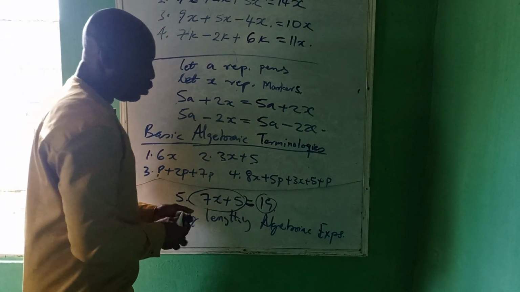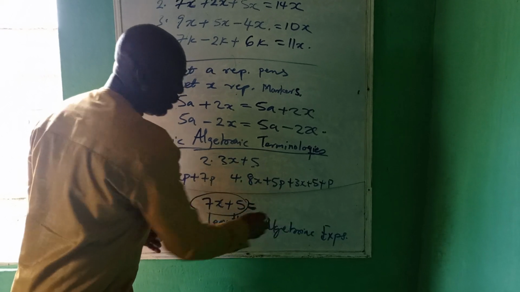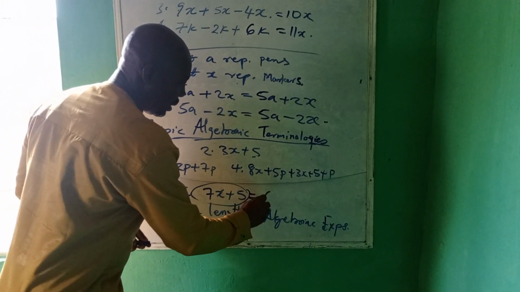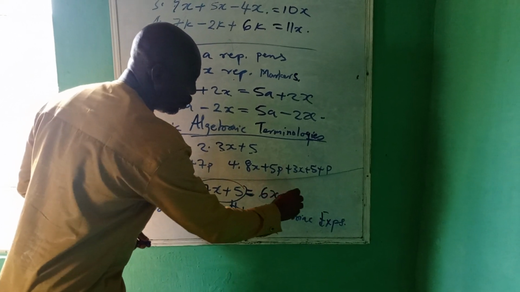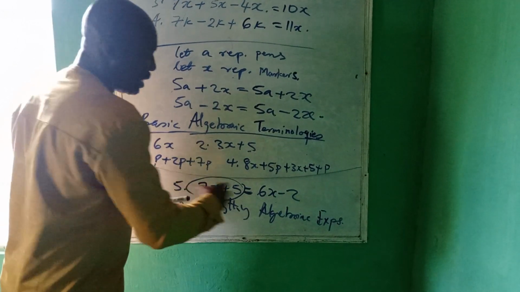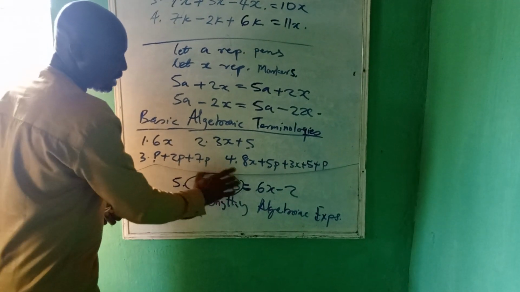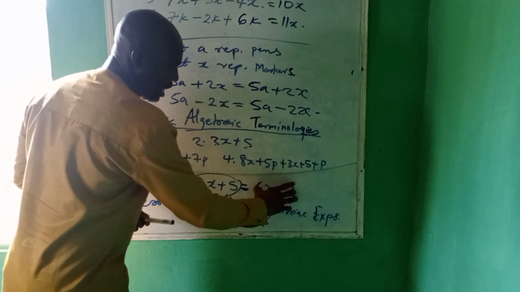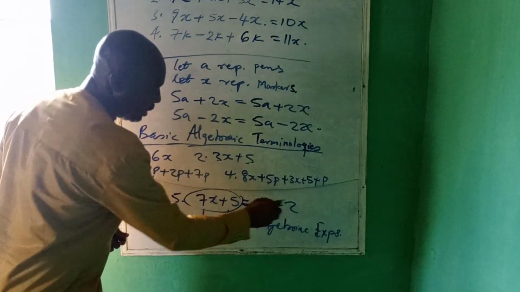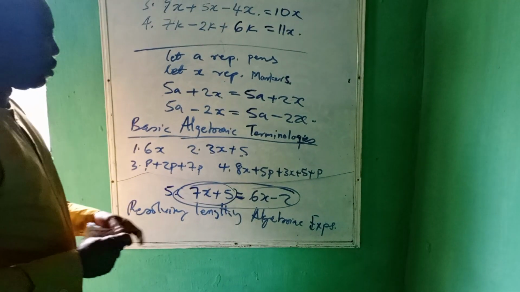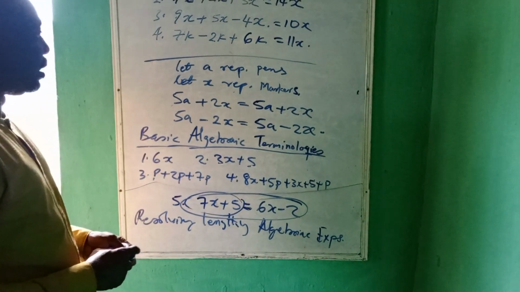Certain times, two expressions might be equated. You can have 7x plus 5 is equal to 6x minus 2. This is an expression. This is an expression. We are equating this expression to this expression. Then the whole of this is an equation because of the equal sign.